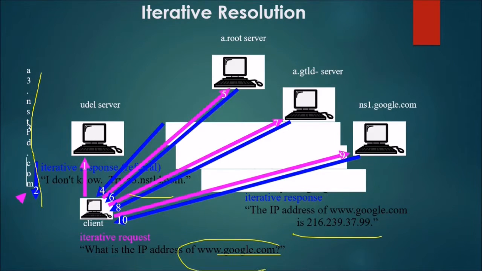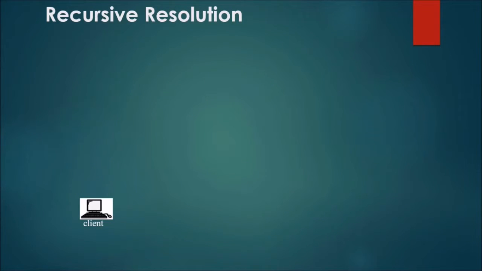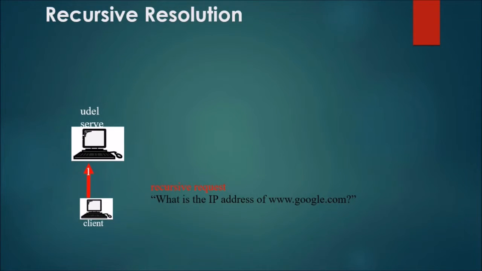So this is how, from your cache to the various slaves to the master, the query reaches and you finally get the IP address of www.some.com, some website. I have just given an example, it may be anything. And this is recursive resolution. What is the IP address of some website?